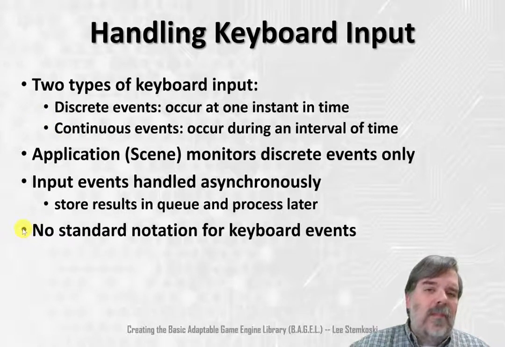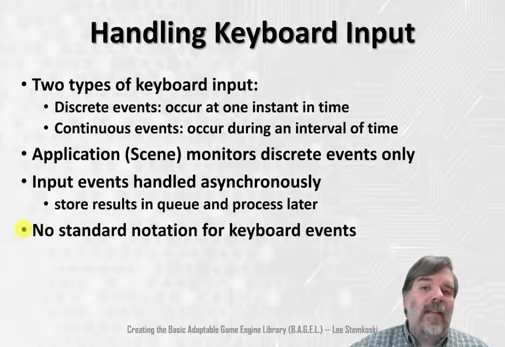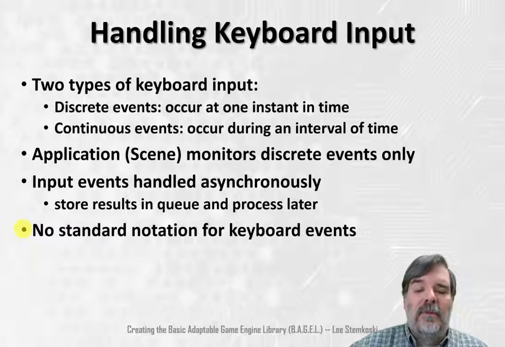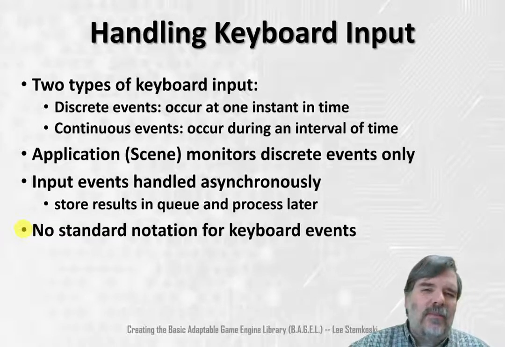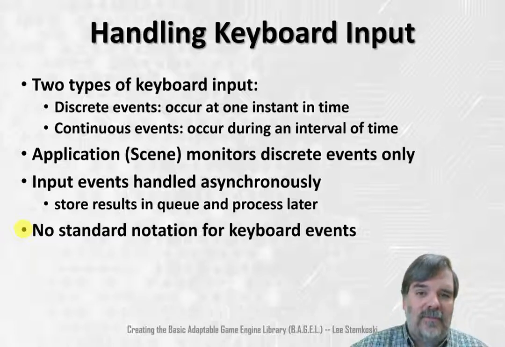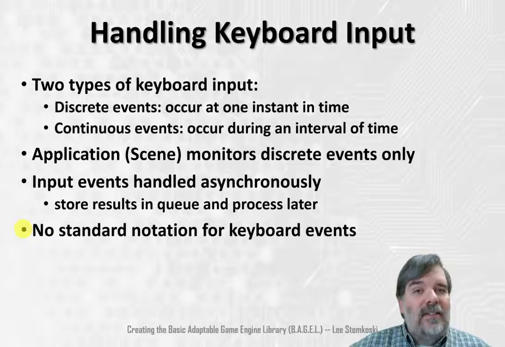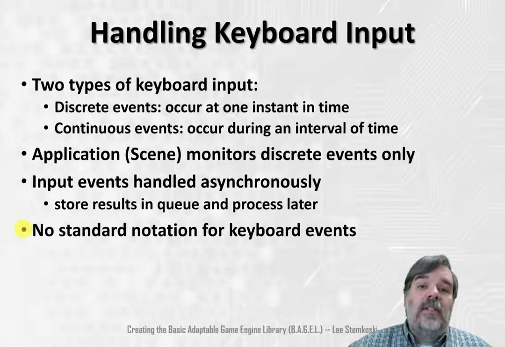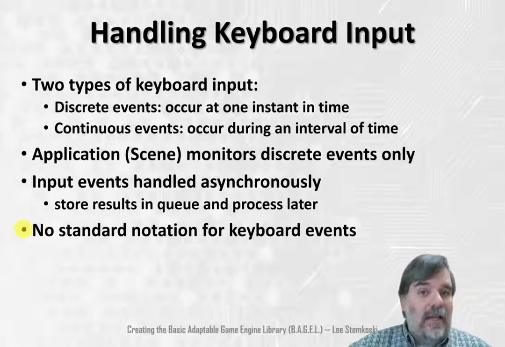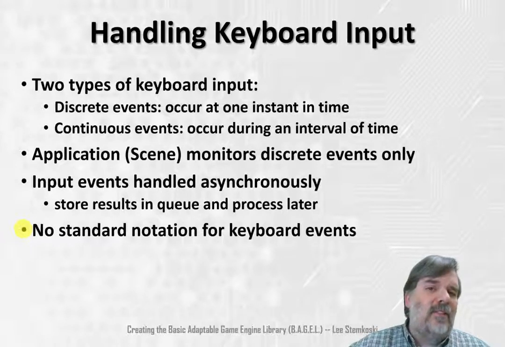And one thing which can make this a little bit complicated, especially if you program in multiple languages, is that there really seems to be no standard notation for keyboard events. Right? The moment you press a key down, sometimes that's called a key press event. Sometimes that's called a key down event.